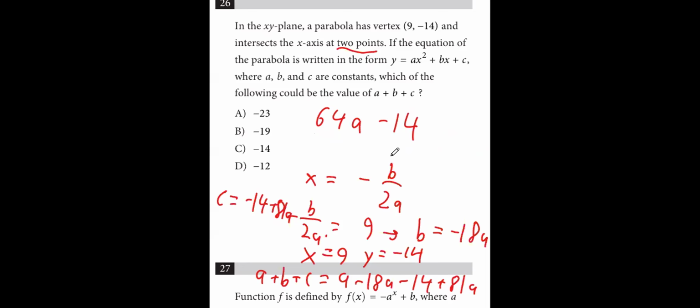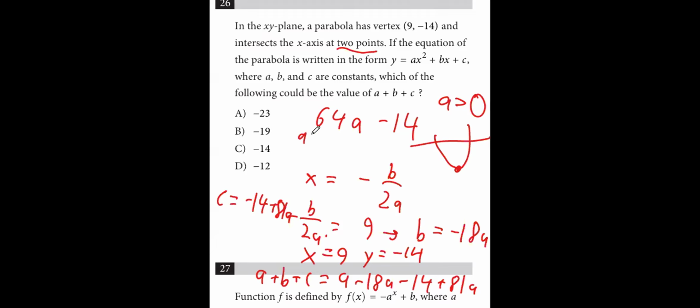We know that the parabola intersects the x-axis at 2 points. So it must open upward because this vertex has a negative y value. If this is the x-axis, it must open upwards. That means that the a value must be greater than 0. Now we just have to match these possible values.